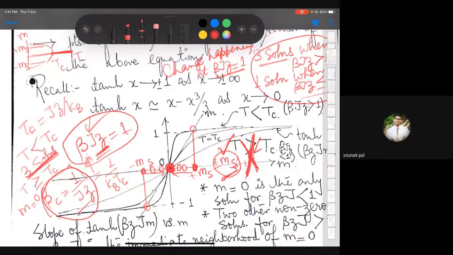Because of Si, Sj, it's up, down. If you flip all the spins from up to down, the Hamiltonian doesn't change. That's why you get 2 symmetric solutions. Also, tanh x has this symmetry, x going to minus x, tanh x goes to minus tanh x, and so on. Okay?